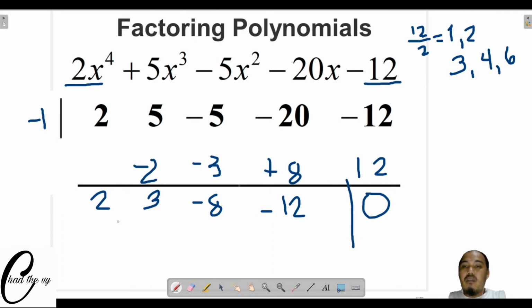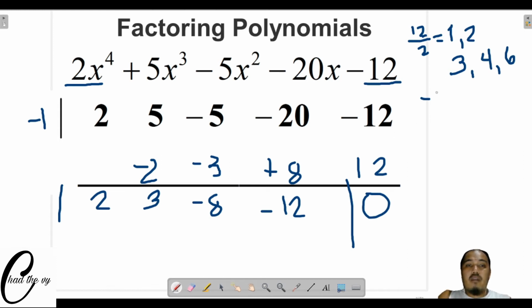So, ngayon, ito na yung ating susunod. So, na-evaluate na natin yan using synthetic. I-divide na natin. Then, factor niya ay negative 1. Dito natin isulat. Sorry po at naka-mouse lang po tayo.